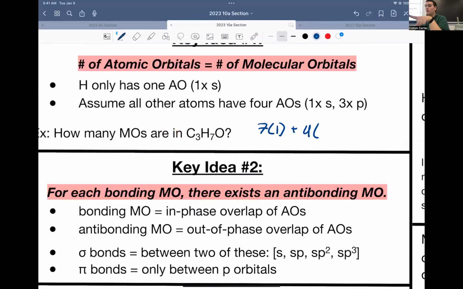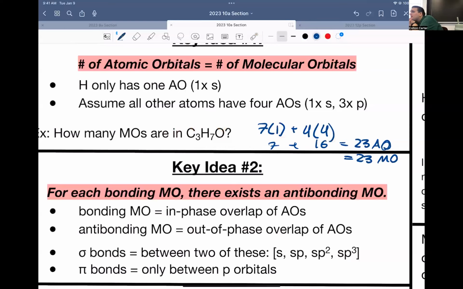Each one gives us 4. So each of these carbons and this oxygen, each one's going to give you 4. So you're going to have 16 orbitals plus 7 orbitals. In total, you're going to have 23 atomic orbitals, which means that you have 23 molecular orbitals.